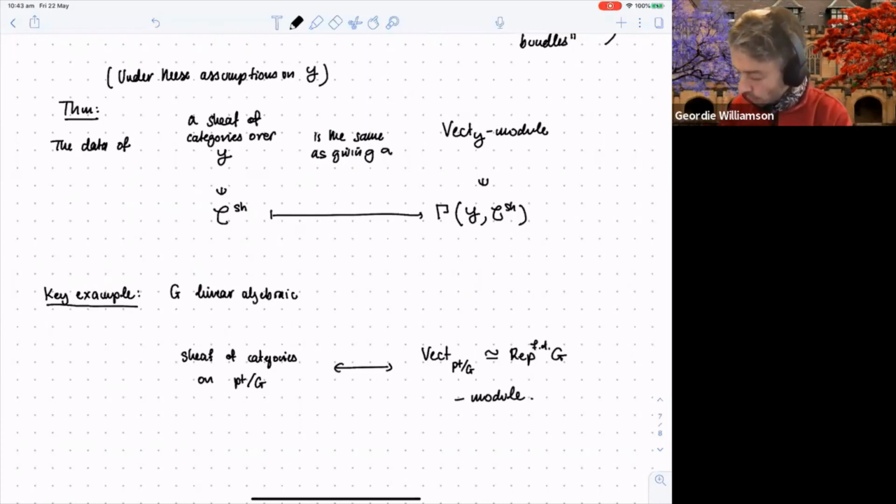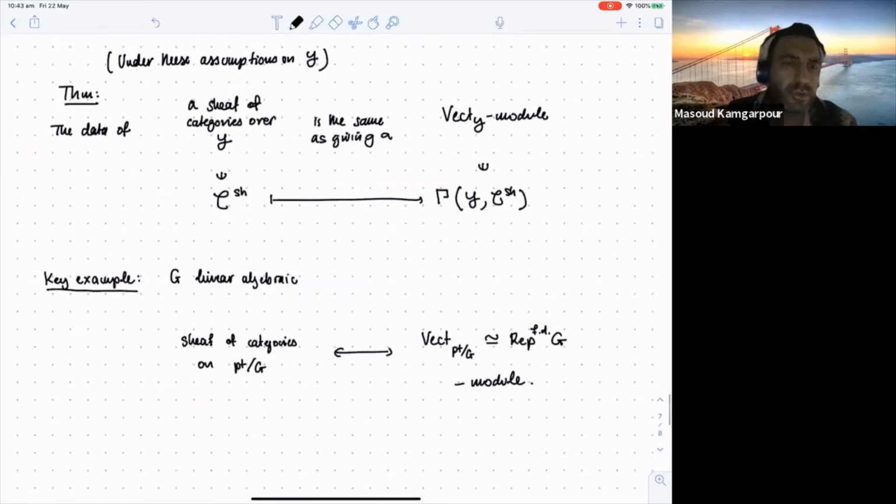And if you want a slogan, I might try and explain this correspondence in a little bit more detail after. So maybe the following example is useful. So Geordie. Yes.